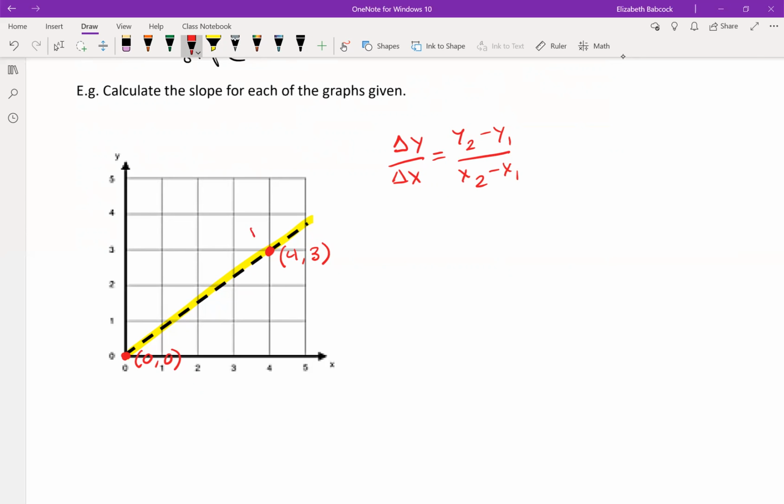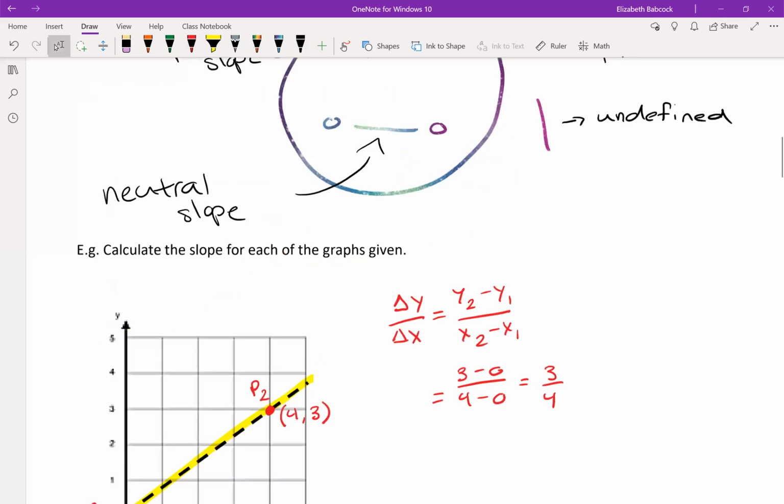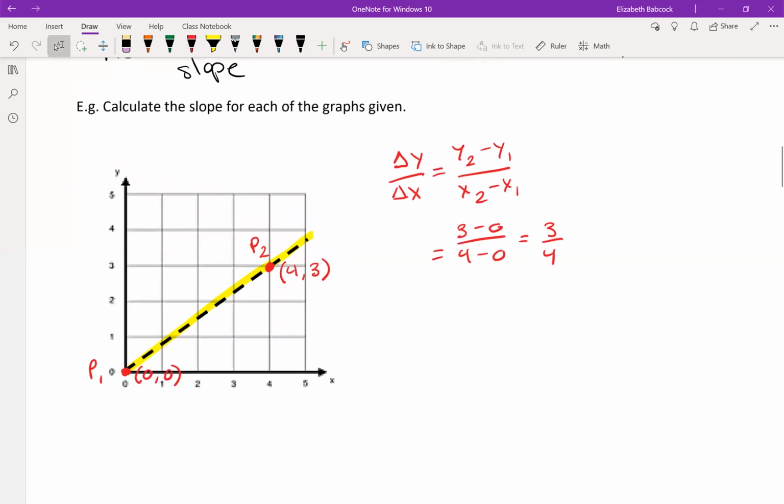That means this would be point 2 and this would be point 1. So we would put in 3 minus 0 and 4 minus 0, which is pretty straightforward, and we end up with 3 over 4 as our slope. Make sure it lines up with our Mr. Slope Guy as positive, positive, positive fraction.